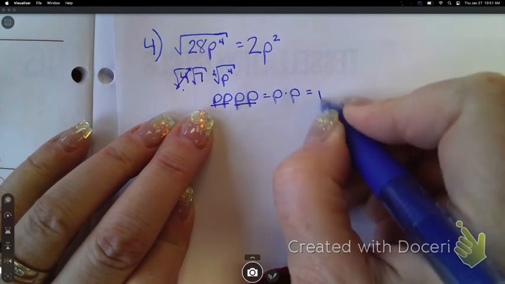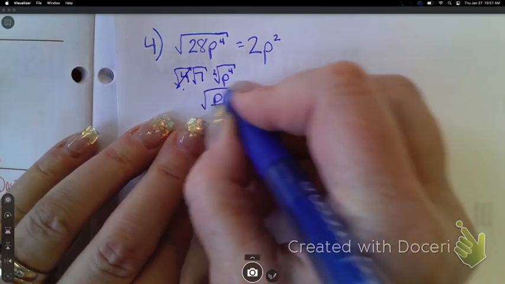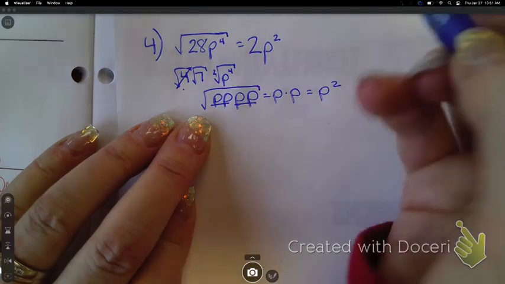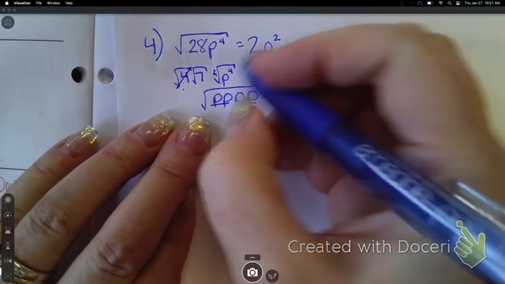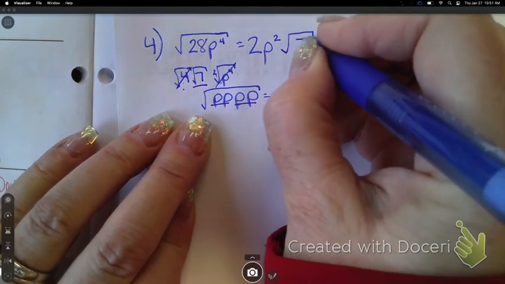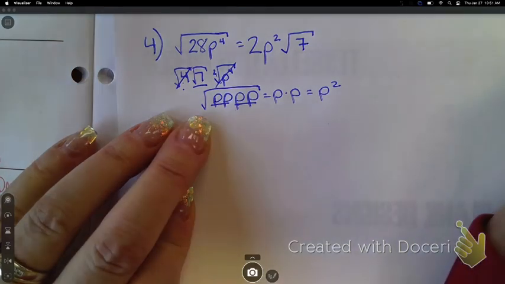P squared. Does that make sense with the variables, Cooper? A little bit. Okay, so we took care of the 4, we took care of the p. What do we have left? 7. So it's the square root of 7. Does it matter which order those are in?